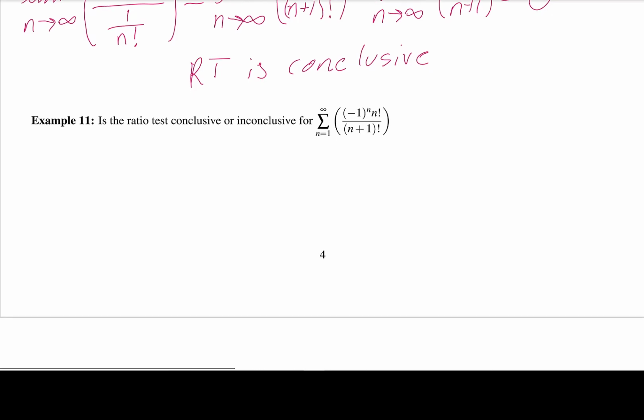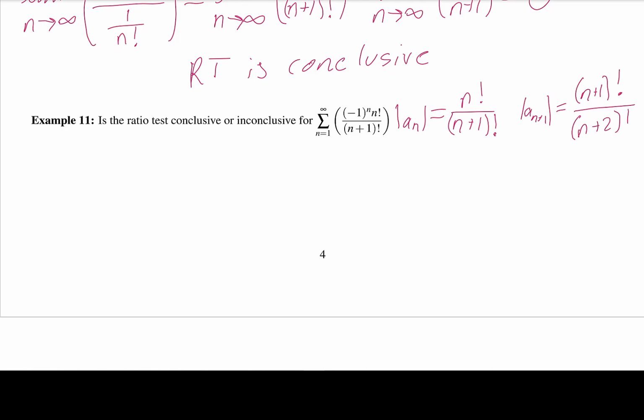Alright. Now for example 11, this will be our final example. We'll have, let's see, the absolute value of a sub n will give us n factorial over n plus 1 factorial. And the absolute value of a sub n plus 1 will give us n plus 1 factorial over n plus 1 factorial, so this is n plus 2 factorial.